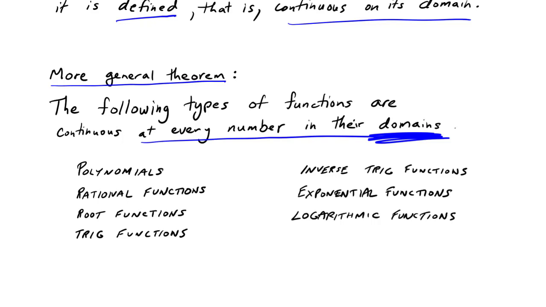You don't have to worry about anywhere else. Polynomials are defined everywhere, and so they're continuous everywhere. We just made the point about rational functions, but even root functions, trig functions, inverse trig functions, exponential functions, logarithmic functions, all of those are continuous wherever they're defined. So asking when they're continuous for those functions is just equivalent to asking when they're defined.